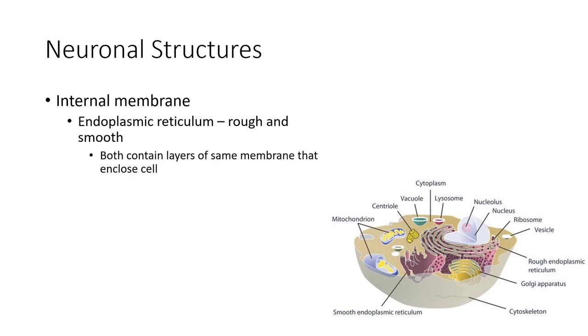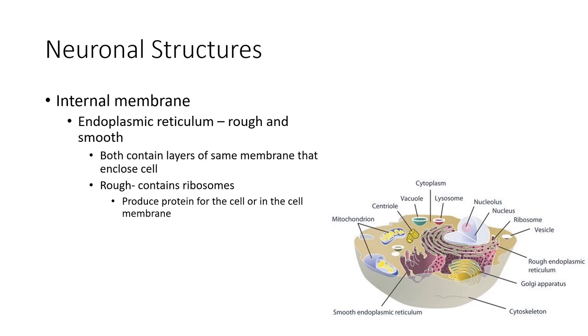Now what the ER does is first encase the nucleus. Both of these contain membrane that encloses the nucleus. The rough ER contains what are called ribosomes, and what these do is produce the protein for the cell or in the cell membrane.